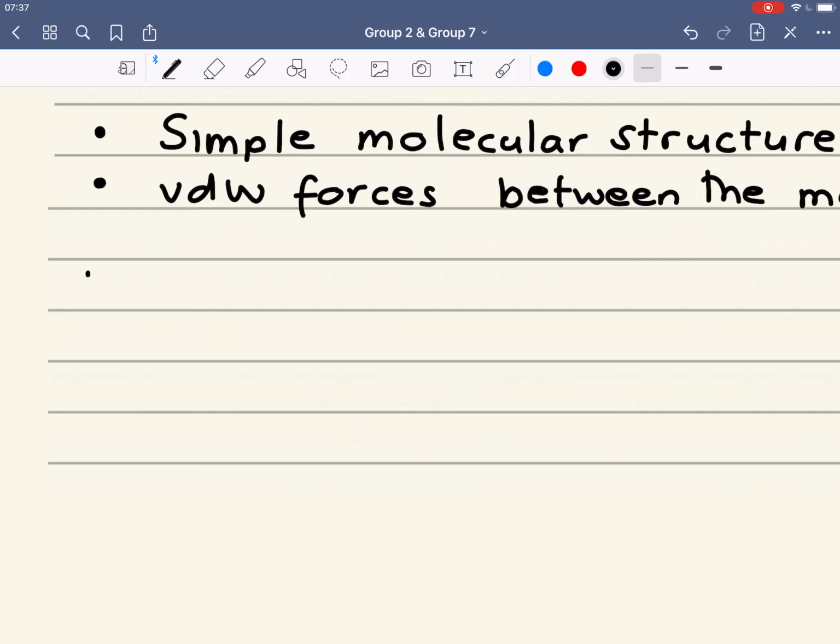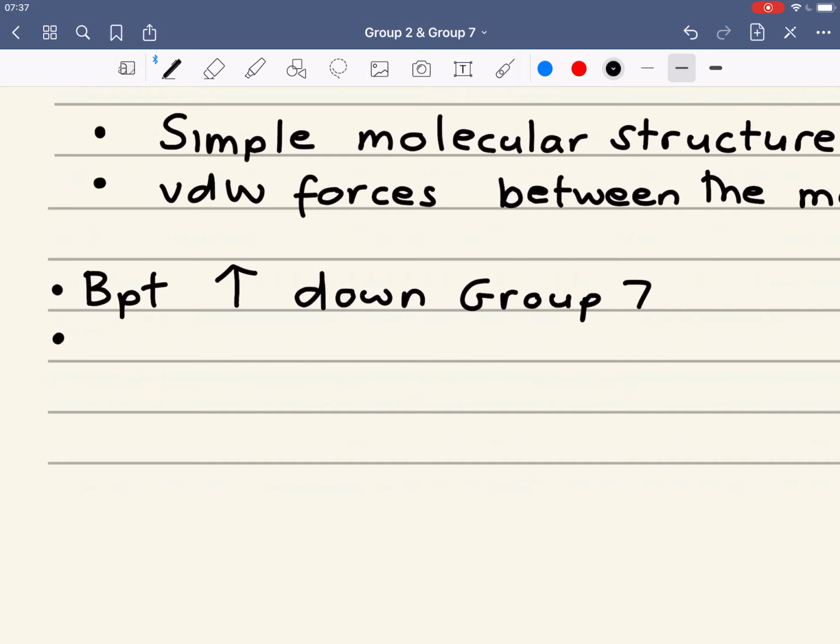So you'd state the trend: boiling point increases down group 7. I've stated the trend there, and then I need to explain the trend.